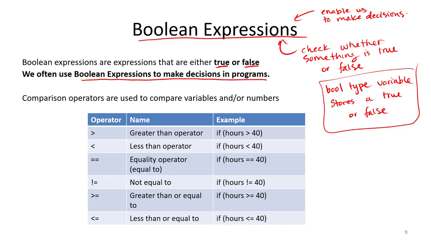Here are some examples of Boolean expressions. One of the simplest examples is the comparison operators. Remember greater than and less than from math class? We call these comparison operators in C++, and we use them to compare variables or numbers.